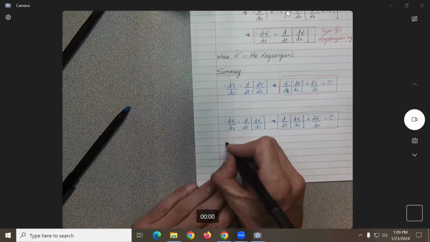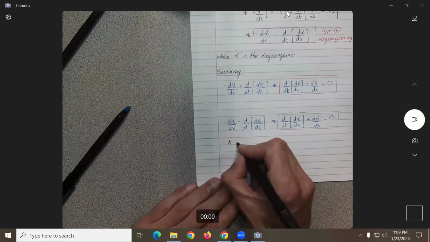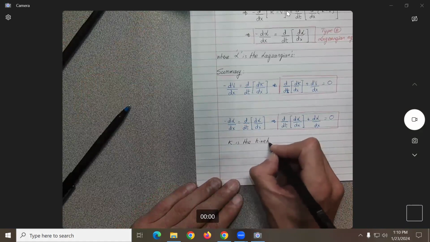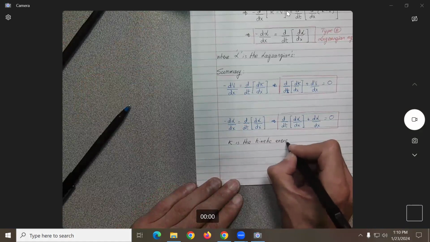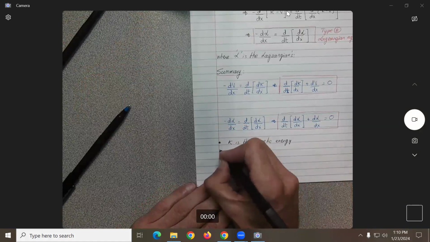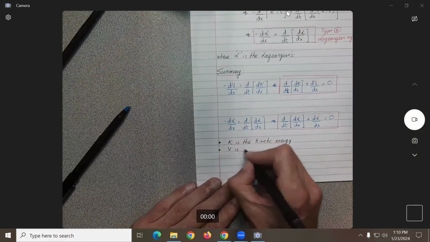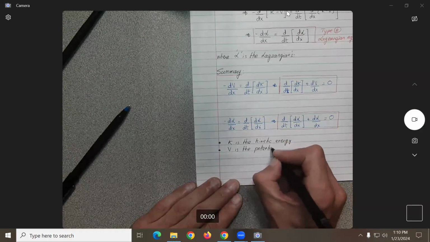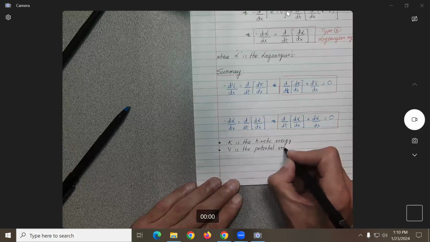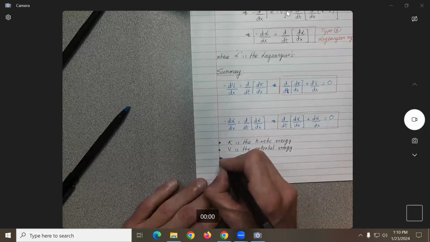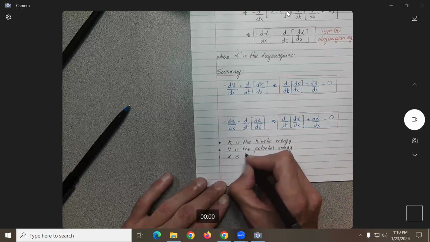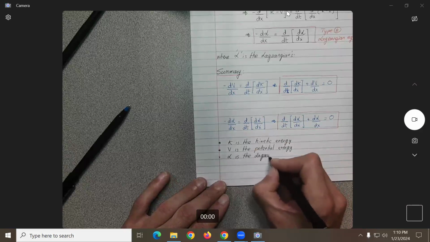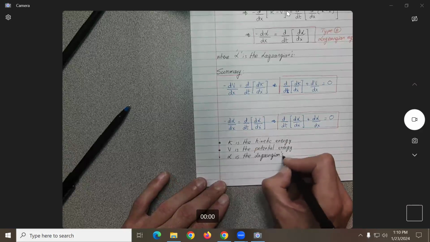Okay, so what do we say? K is the kinetic energy. V is the potential energy. L is the Lagrangian.